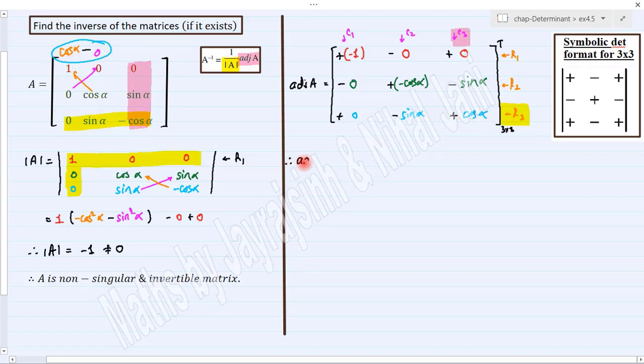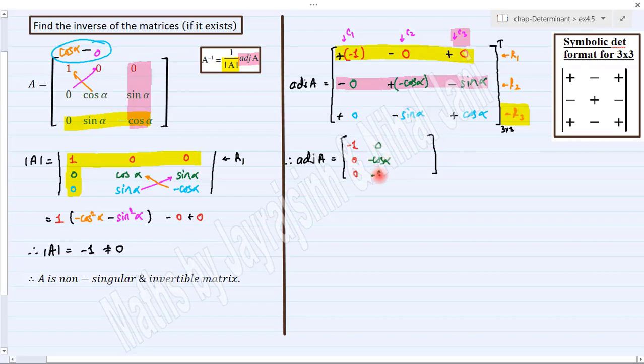So we can say to get adjoint of A, now we just have to take transpose of it. So its first row will become its first column, then second row will become its second column, and last row will become its last column.